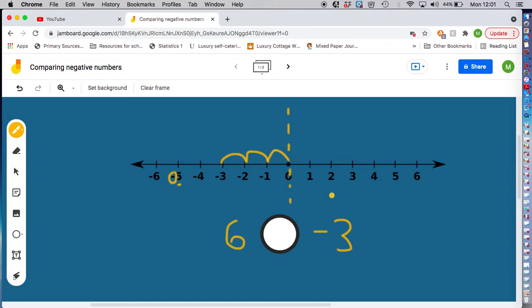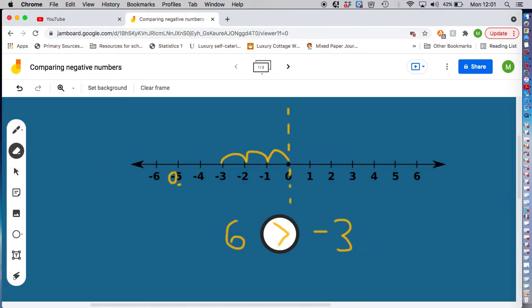Again, maybe think of it in terms of digging down into the ground. Would you be 3 levels below? Is that greater than or less than being 6 above? Which one's higher? You would realise, and you can use your number line, that 6 is greater than -3.